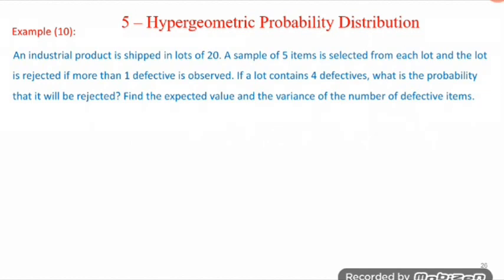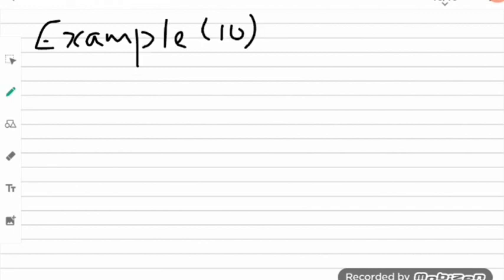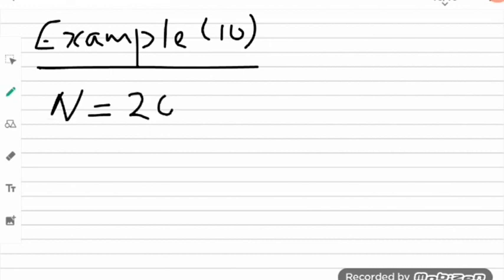Summarizing the information in this exercise, example number 10. Here capital N is 20, small n is 5, and the number of successes, which is the number of defectives in the lot, is 4.